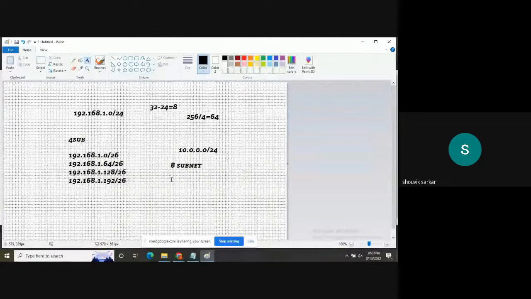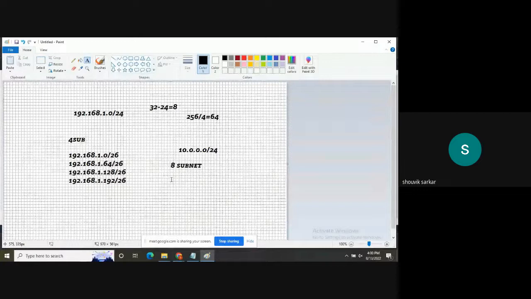Okay, so we got a response. First one is 10.0.0.0 slash 26. The thing is that we want to divide into 8 subnets, that is 2 to the power 3 means 8.